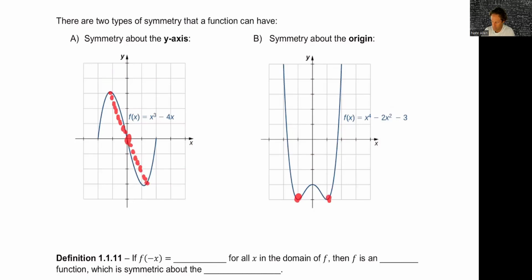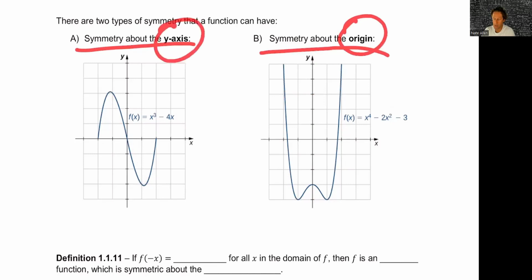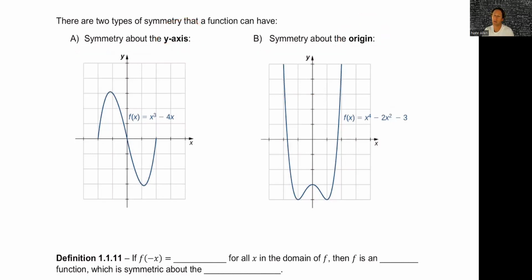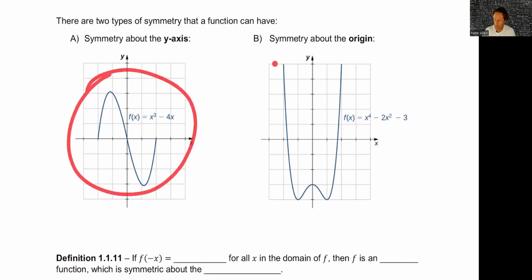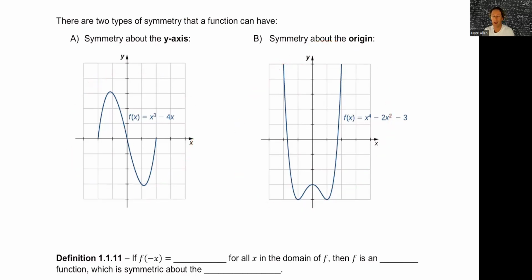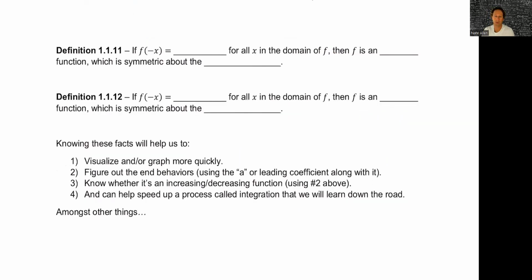Here, the distance was the same from the y-axis, no matter where we went. Right? So that's the difference between symmetries about both the origin and the y-axis. But of course, we want to make sure that now that we've seen it graphically, geometrically, how can we decipher that if we don't have a graph? Algebraically, in other words. Check out definition 1.1.11.